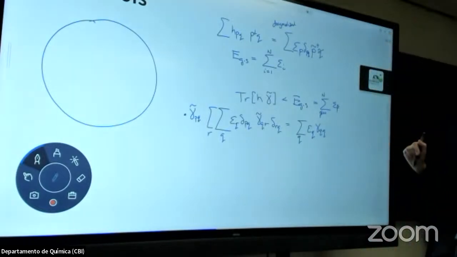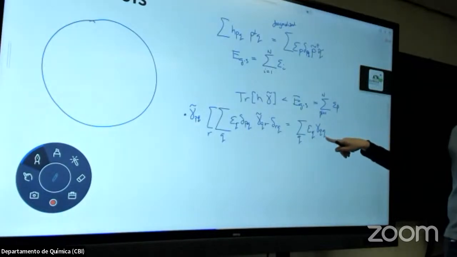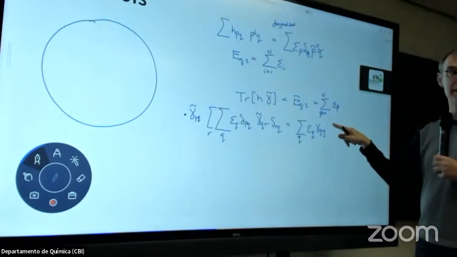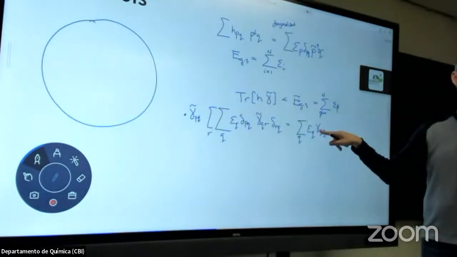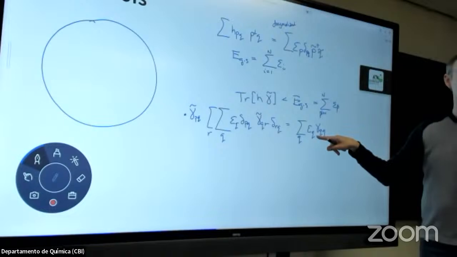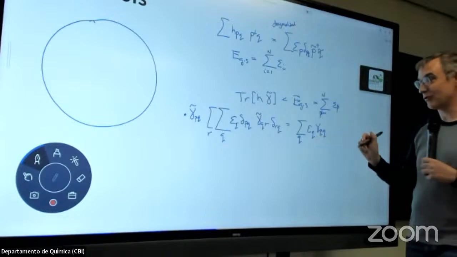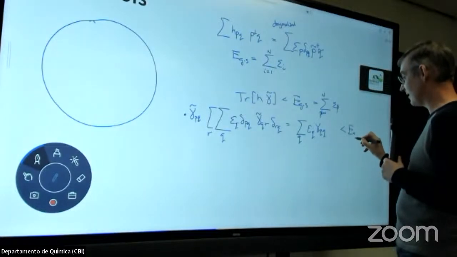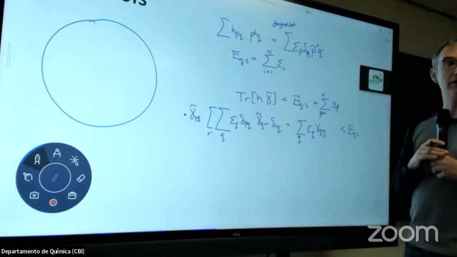Okay, so this is my energy expression. You take the occupation number of the orbitals and multiply it by the orbital energy. It's exactly what you would expect, right? I could have just written it down: if you take the energy of a one-body thing, take the probability of seeing an electron in the orbital, multiply it by the energy of the orbital, and that'll be the energy expression. And I'm telling you that this thing is actually less than the true ground state, right?